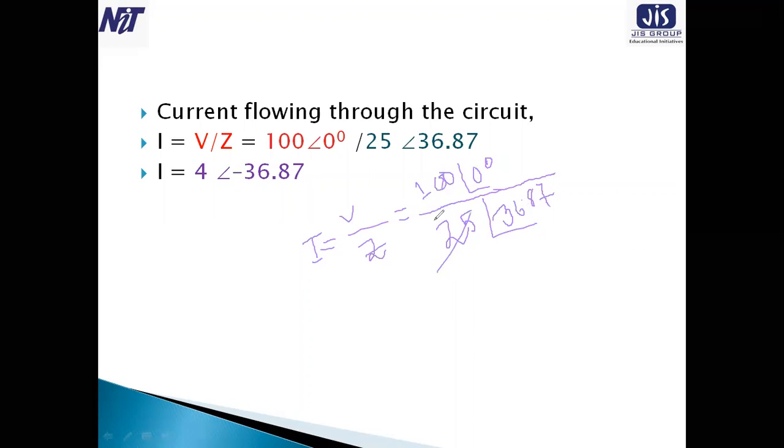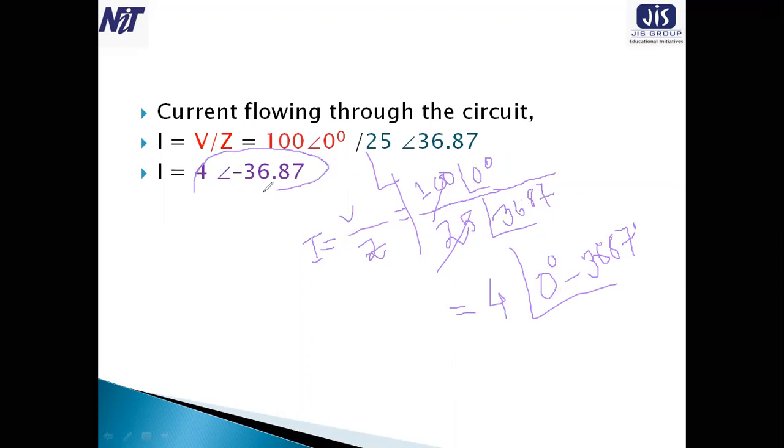So this is simple. 100 angle 0 degree divided by 25 angle 36.87 degree. So for that reason, this value comes to 4 angle minus 36.87. What is actually the formula? The formula is very easy.